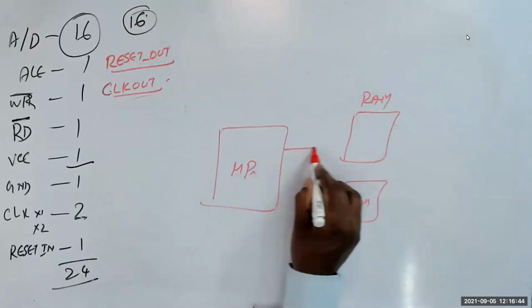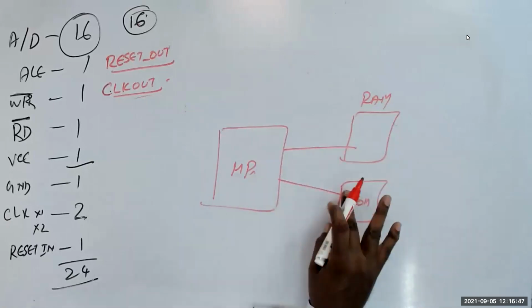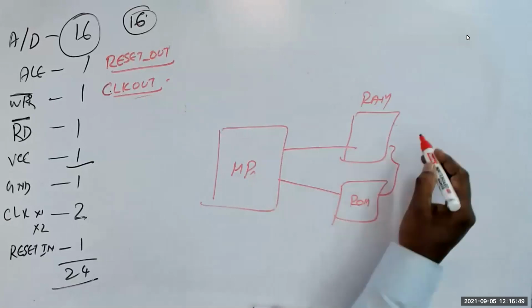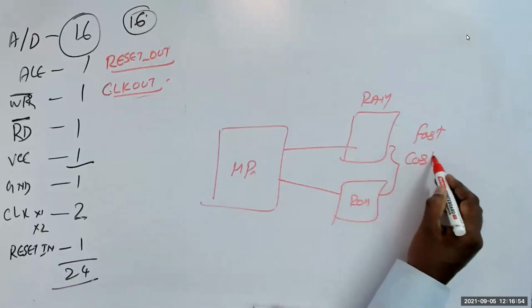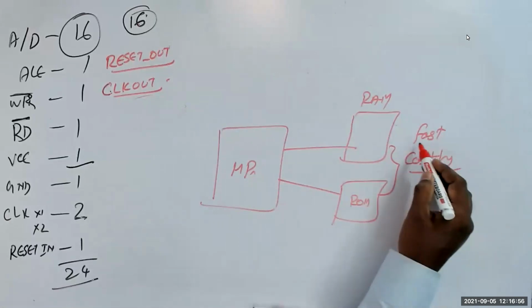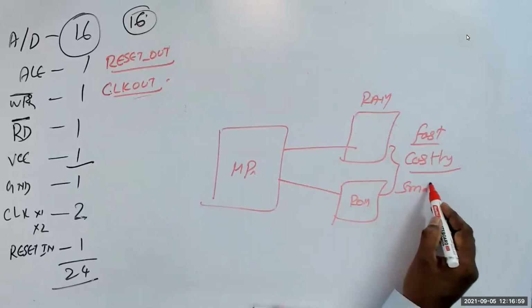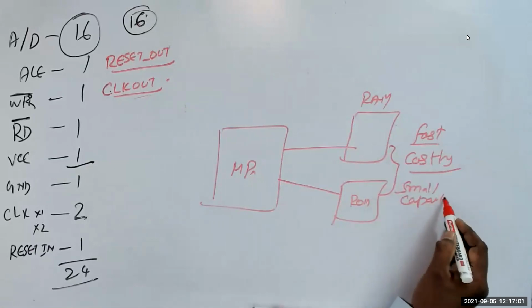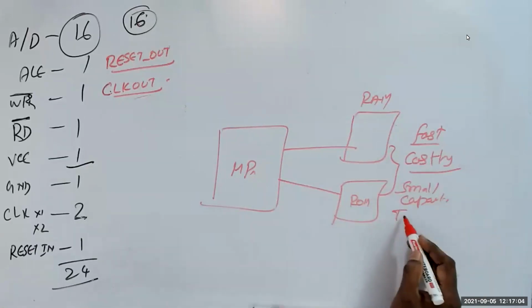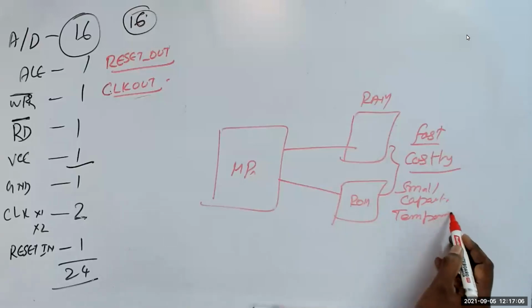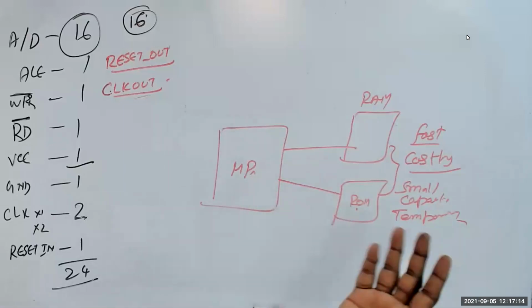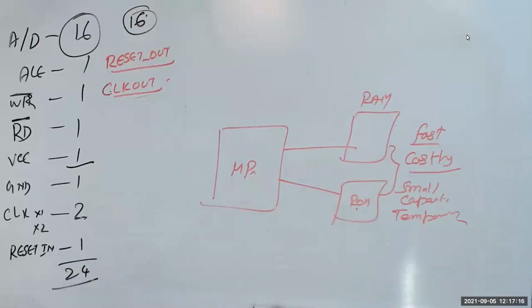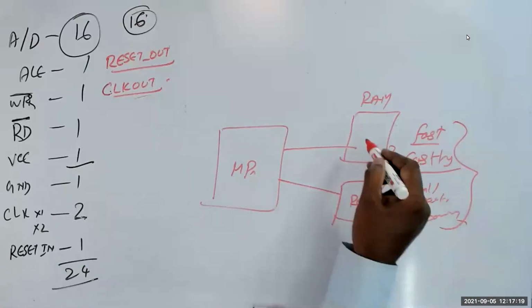They talk to the microprocessor directly. They are fast, costly, small in capacity, and generally temporary. Even though ROM is permanent, we generally don't use ROM for permanent storage; it's only a startup program, only for boot up. So these are the features of memory.